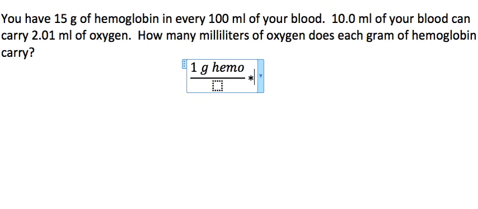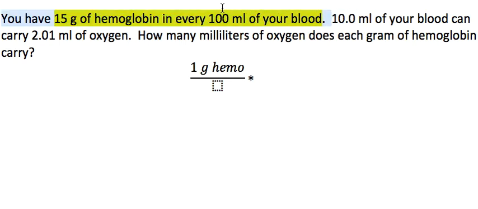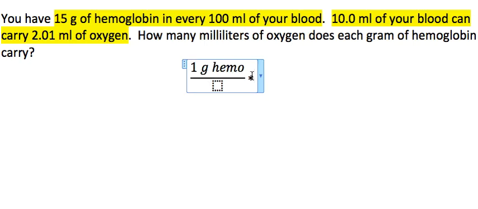So I'm going to go back in my problem and find all my conversion factors. I have 15 grams of hemoglobin with every 100 milliliters of my blood. 10 milliliters of blood can carry this much oxygen. Looks like this whole problem is just conversion factors. And that's it.